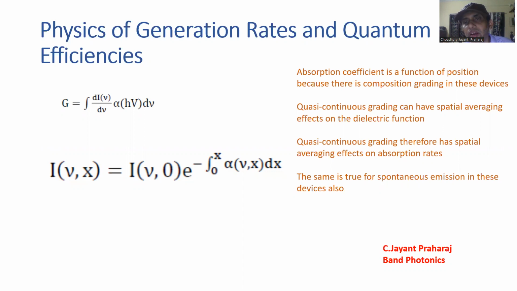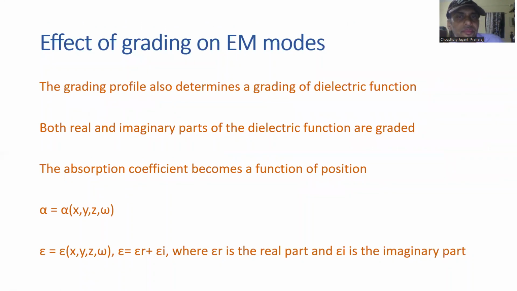Now the same implications of quasi-continuous grading also hold for spontaneous emission in these devices. So those are the basic physics of generation rates and quantum efficiencies in these materials.